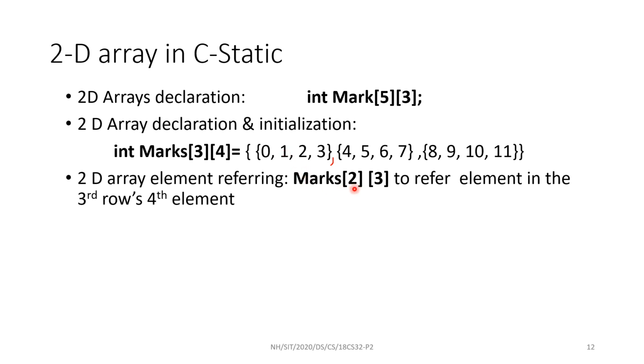You know that in case of a two-dimensional array, two dimensions are required. One dimension will specify the row, the other dimension specifies the column. In this case, we can access index 2, that is the third row, index 3, that is the fourth column element.